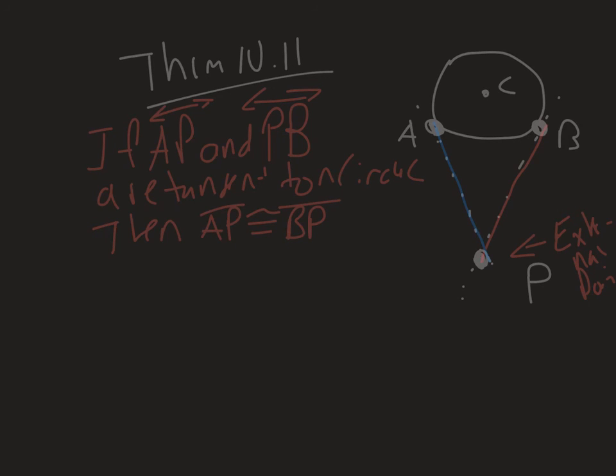Now again, if we think about how we could prove this, we're probably going to go to triangles again. Something that might not be immediately obvious, but a helpful hint, would be to make a line segment from C to P, and then also some radii from C to A and C to B. We know those two sides are the same. We know that this is a shared side.